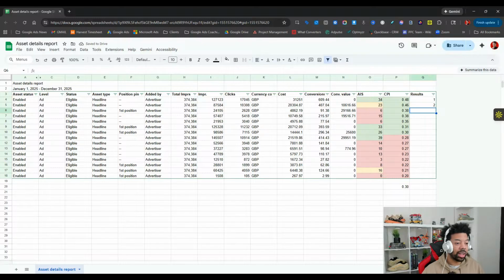This one has low visibility, but a high CPI. So we'll put a 2 as well. Meaning it's basically like a hidden gem. Like we could have got more, if we would have got more impressions for this asset or this headline, probably would have generated more conversions.